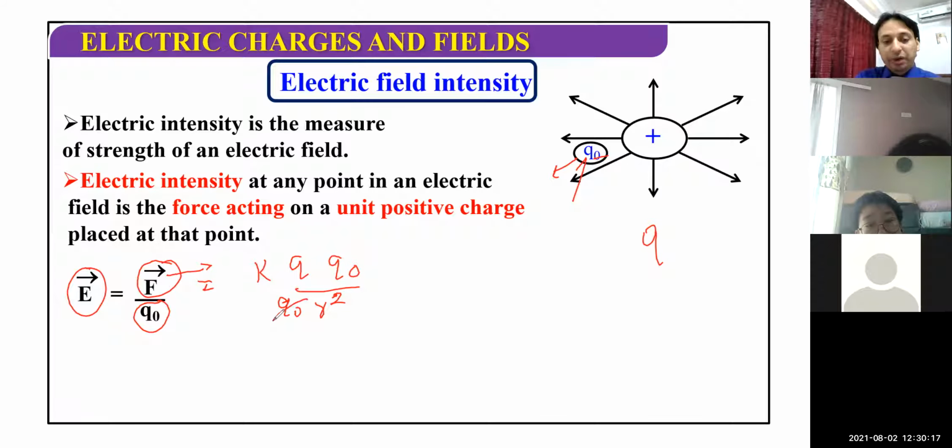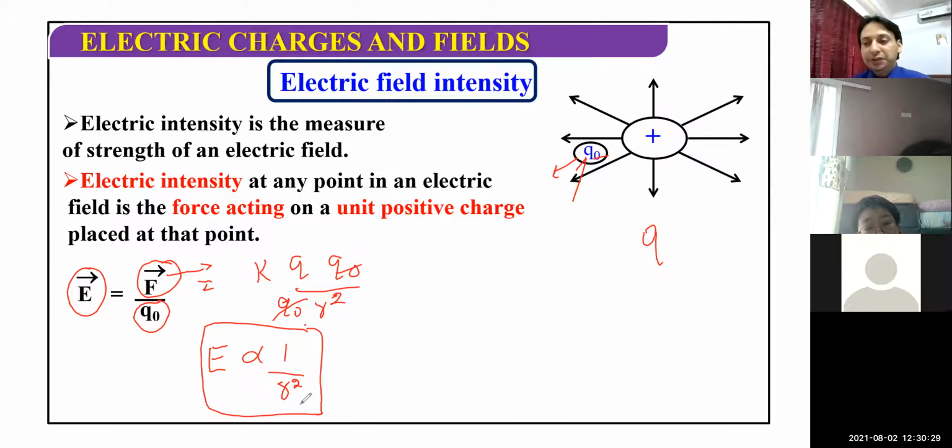Then Q naught is cancelled by Q naught, and finally I can write this result: electric field intensity is inversely proportional to the square of the distance. This is a very, very important result, children.